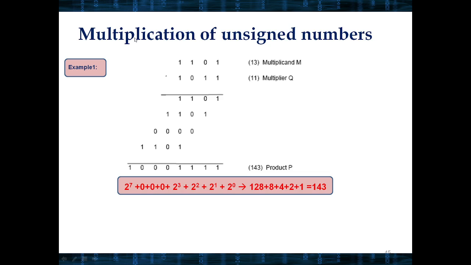So how do we multiply unsigned numbers? We need to check the first bit of the multiplier, that is Q0. If Q0 is 1, then we multiply it with the multiplicand M, which means we get the same multiplicand.